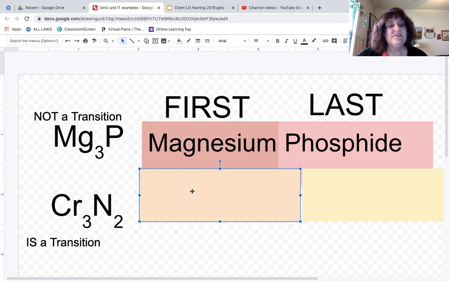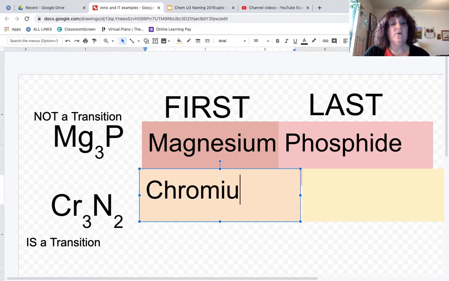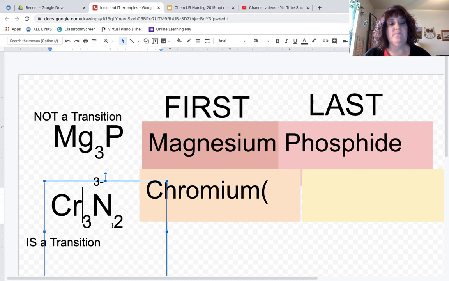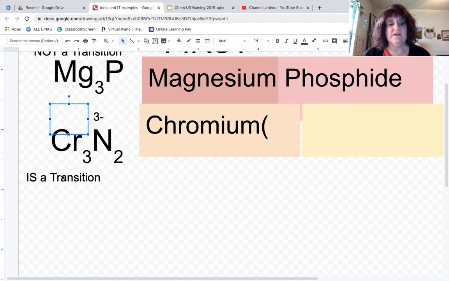If it's a transition, like Cr3N2, Cr is chromium, right? So you start with chromium, and it needs a Roman numeral, so you're going to put a parenthesis there. Now, let's go figure out what that is. Well, the oxidation of nitrogen is a 3 negative, right? So that's where this 3 down here came from. Where'd that 2 come from? Well, that had to have been the oxidation of chromium, 2 positive.